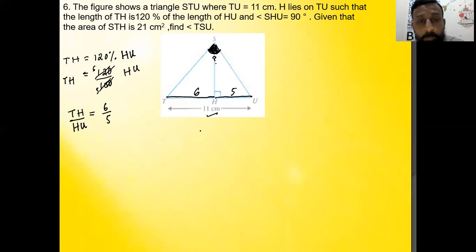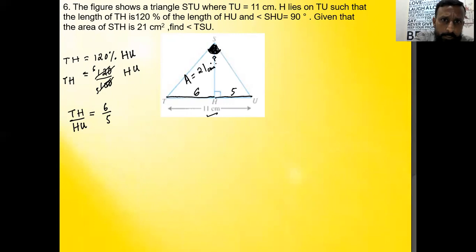Again, as I told you earlier, we need to take help from the two triangles, STH and SHU. Furthermore, they've also given us the area of the triangle STH. So they have given us the area A is equal to 21 centimeter square.